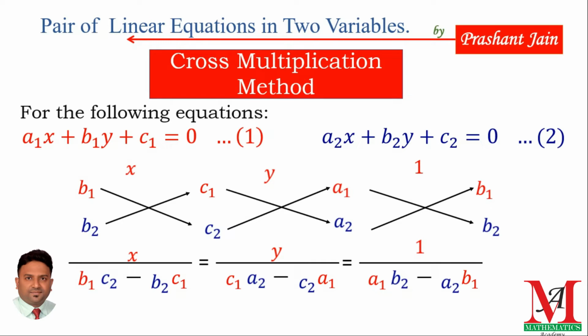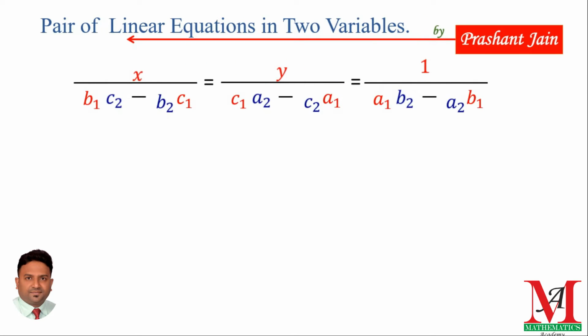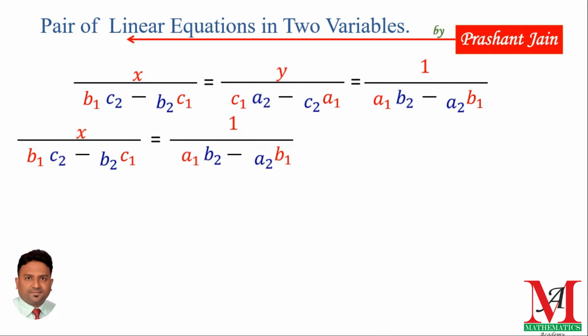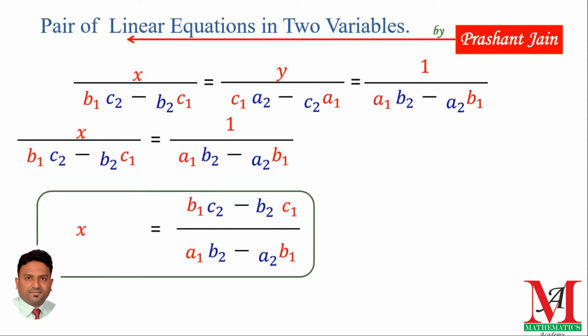Now moving further, this is the step which we learned in the previous slide. Now we need to find the values of x and y. For the value of x, we write the portion of x as it is and the constant term as it is, and multiply the denominator of the x part on the right hand side, and we get b1 c2 minus b2 c1, with the denominator as it is from the previous step, and this is the value of x.